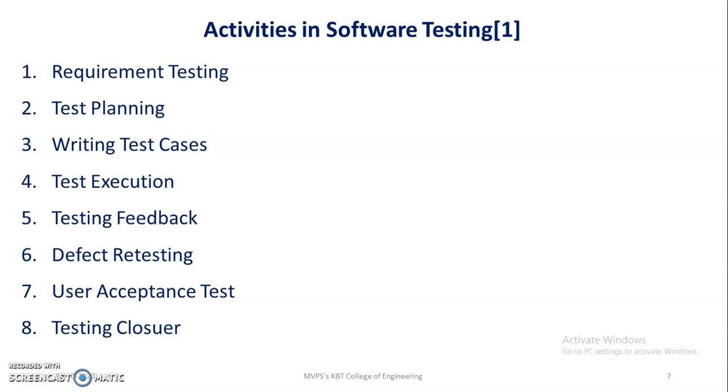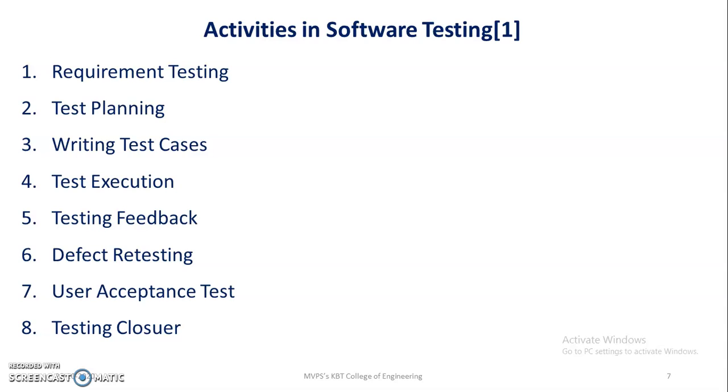Next activity is defect retesting. After the test case execution, in the testing feedback activity, we hand over the defect report and testing result to the development team, and when the developer reports that the defect has been fixed, it should be tested again by the testing team.